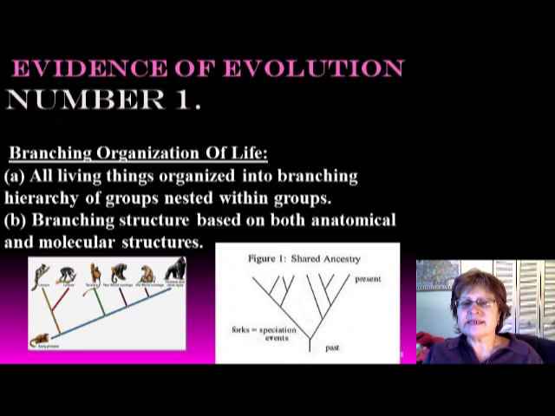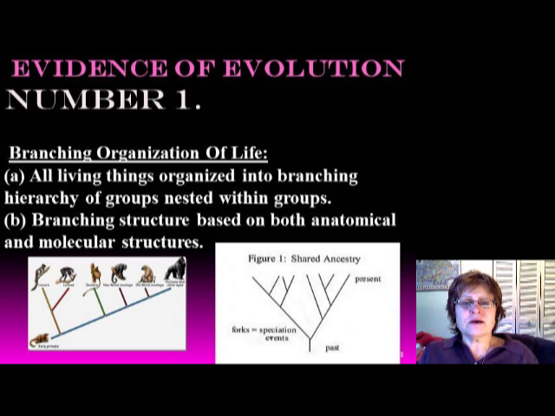So here we are. These are the points of evidence for evolution, and I will ask this on the midterm, which is coming up, so you really will have to know it, because you're going to have to list it. The first one is the branching organization of life.